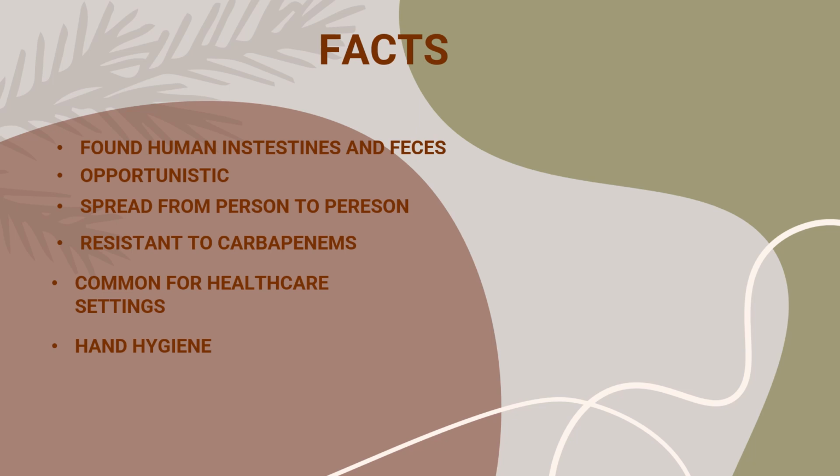In healthcare settings, patients can be exposed to this microbe when they are put on vents, or they have open wounds, or things such as IVs. Some of the Klebsiella bacteria produce this particular enzyme that makes it resistant to a class of antibiotics known as carbapenems, which makes it even more difficult to treat.